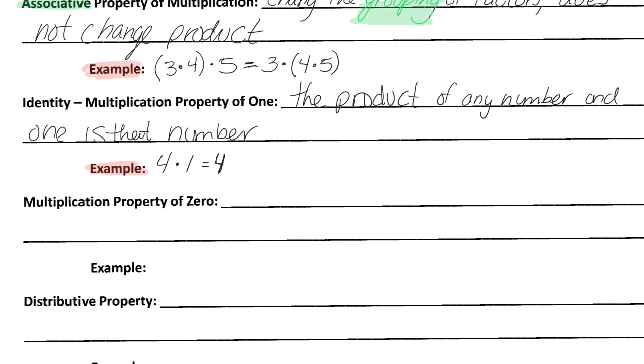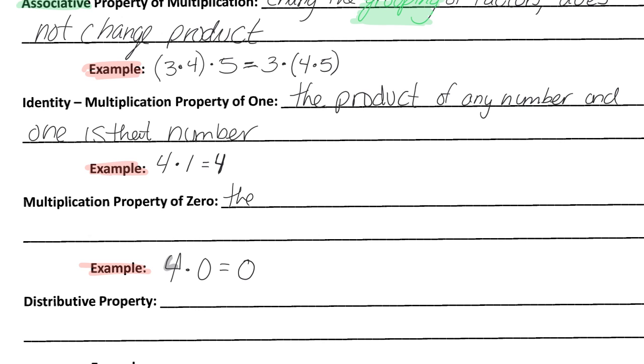The multiplication property of 0 is similar, whereas a number times 0 is going to be 0. So if we did 4 times 0 in this case, it's going to give us 4. I lied. It's going to give us 0. Whew. Sorry. A number times 0 is always going to be 0.